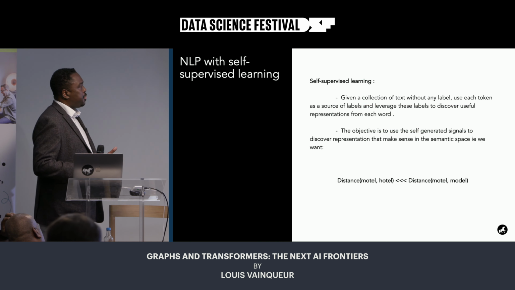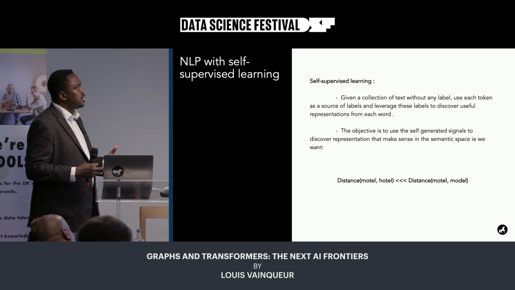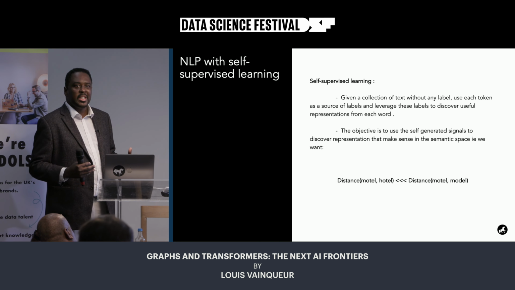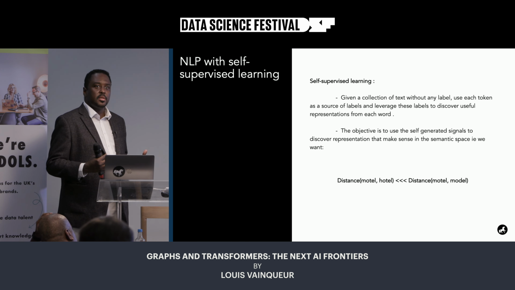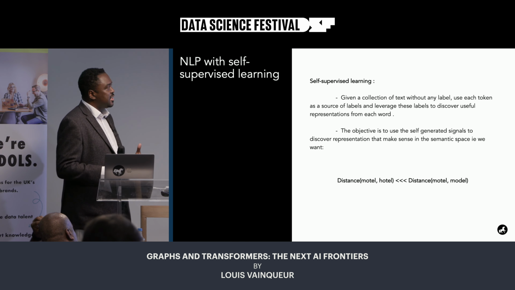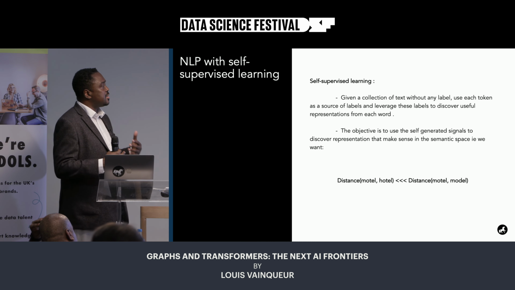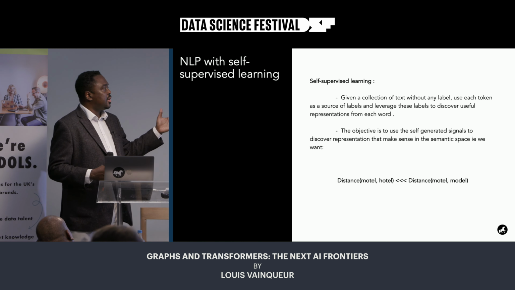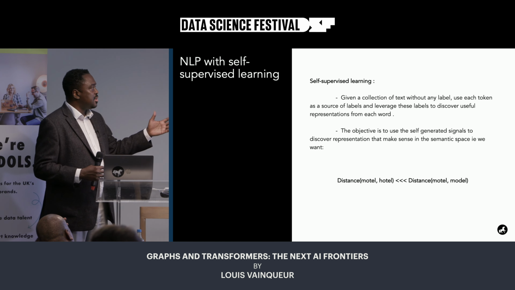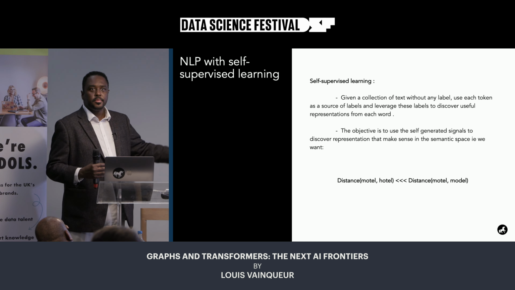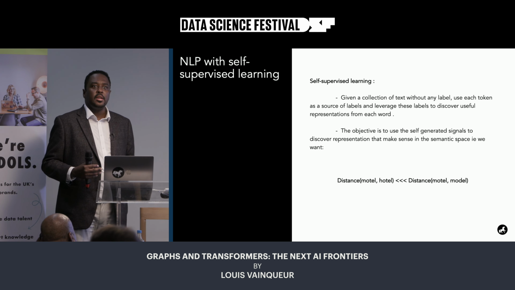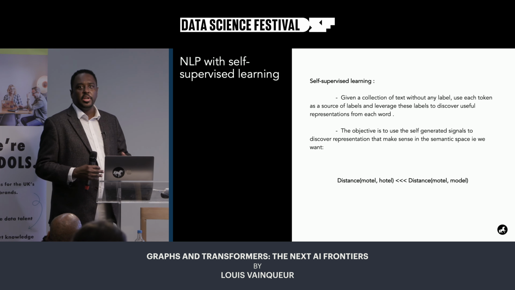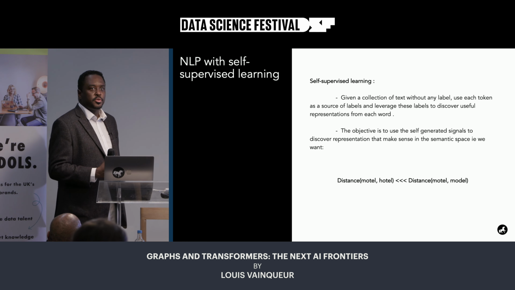In terms of self-supervised learning, what do we want to do? We want to be able to find a representation for each word that makes sense in the semantic space. Once you have this, you can start to understand language, and you can have, for example, a proximity between mortal and hotel that is greater than the proximity between mortal and model. That's the type of understanding that the new approaches, both deep learning and later on transformers, have brought to the field.